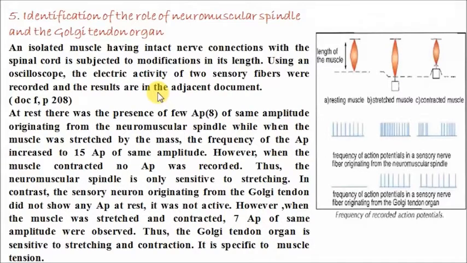They used an oscilloscope to record the electric activity of two sensory fibers. I'm going to show you here what records they are, and where the sensory nerve fibers come from.